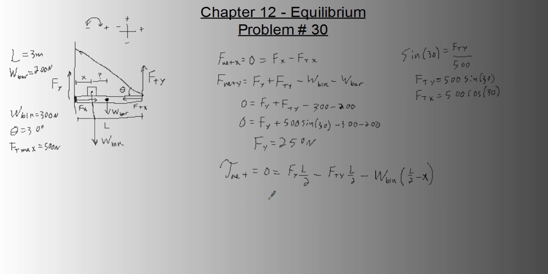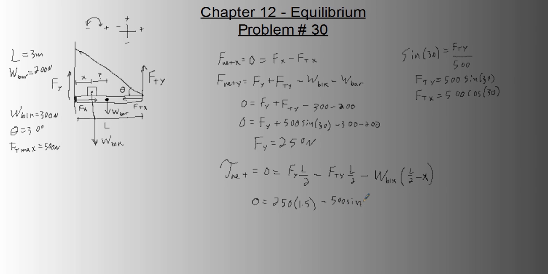Alright, so from here, we know that, let's see here, 0 equals, so Fy is 250, we know that, 250, L is 3, so L over 2 is times 1.5, minus Fty, that's 500 sine 30.